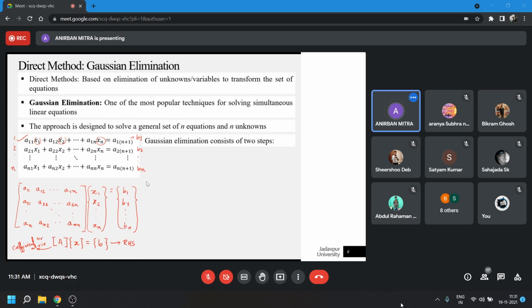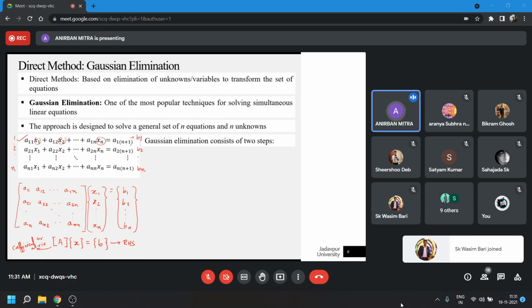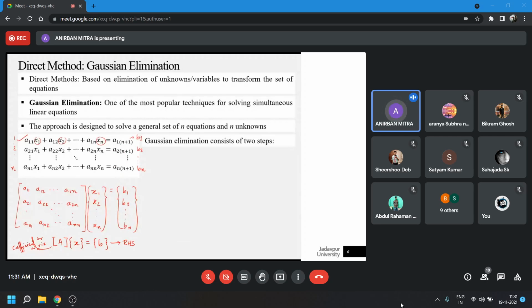It will help you in the program implementation. Also, another thing that becomes clear is why these are written as A1 n plus 1. While taking the input, you can consider this right hand side vector as part of this matrix. So you will add an extra column over here where you take input of the right hand side.